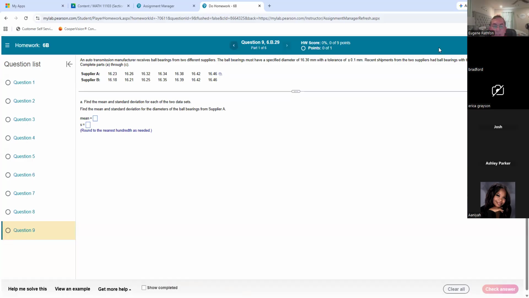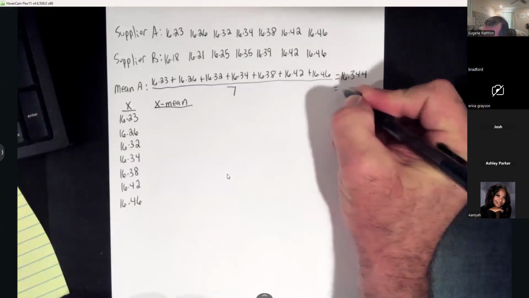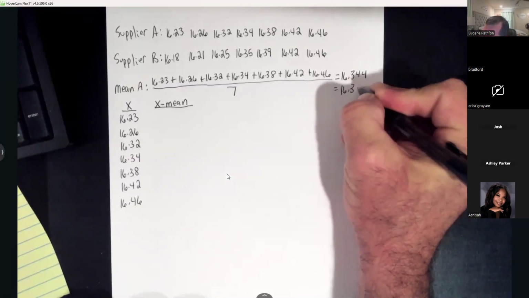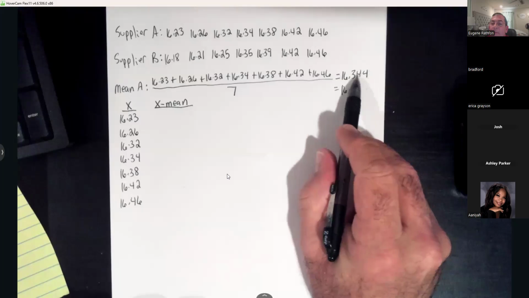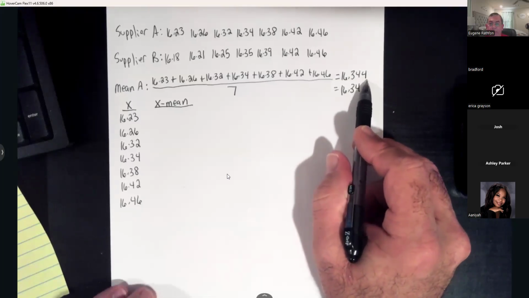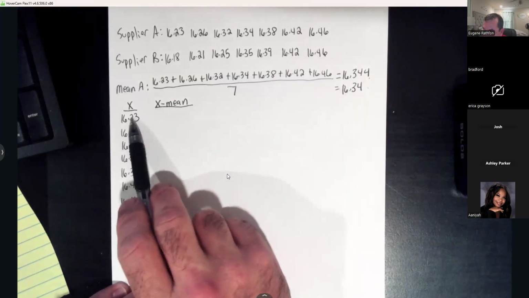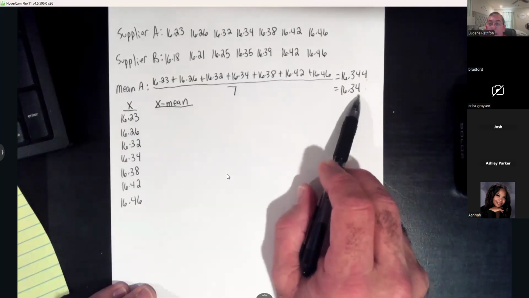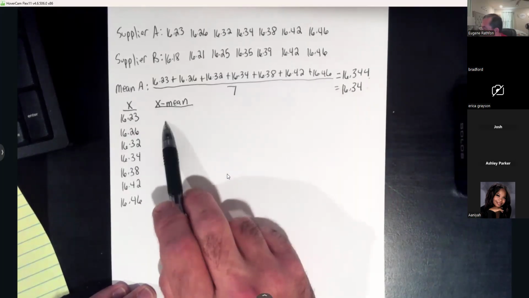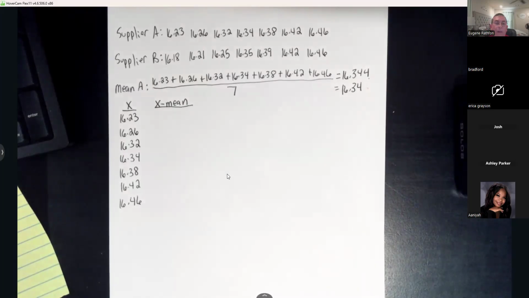So that's 2 decimal places. If I round this to 2 decimal places, that'll be 16.34. I'm going to leave that at 4 since that's a 4 after it. Now I'm going to take each of these x's and subtract that mean to get my x minus mean.